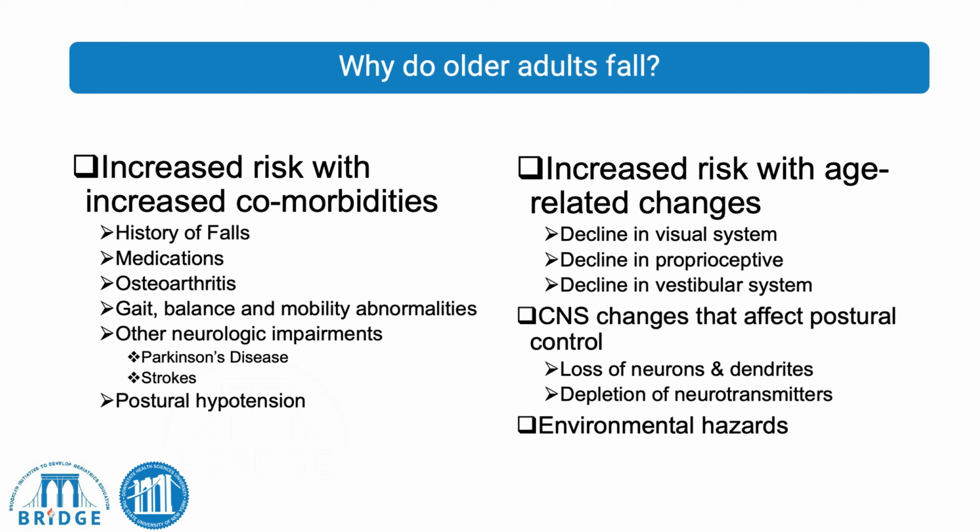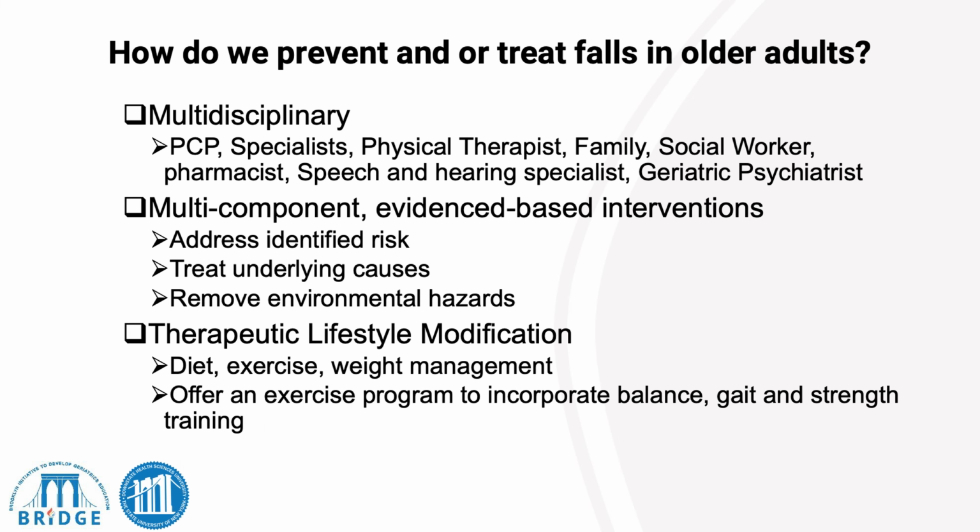Deficits related to Parkinson's, strokes, and other neurologic problems can lead to falls. Postural hypotension can lead to falls. Fall risk is also increased with age-related changes, such as changes in the visual system, the proprioceptive system, or the vestibular system. And finally, environmental hazards may lead to falls.